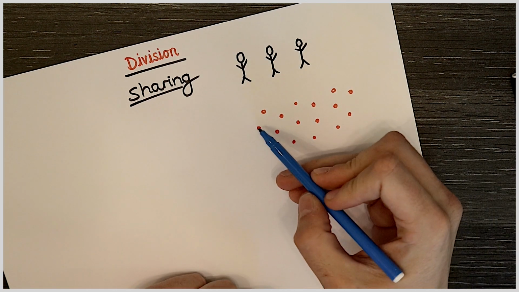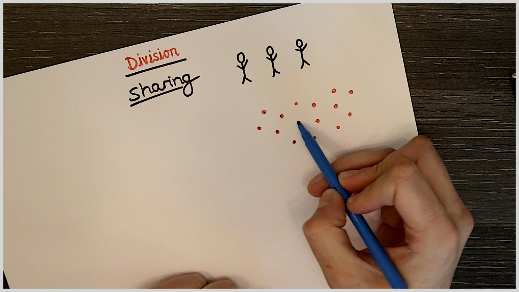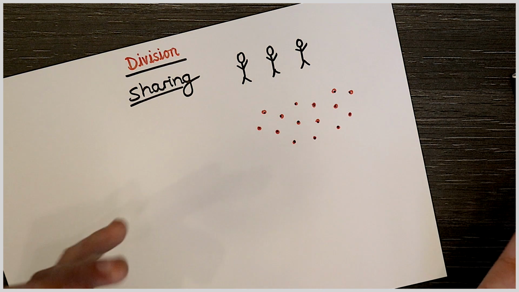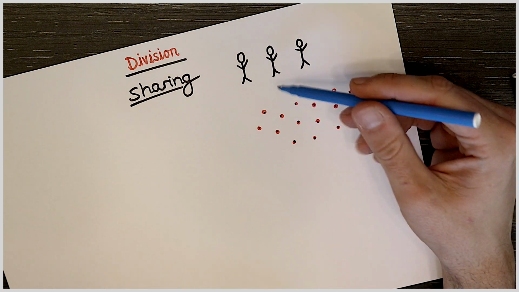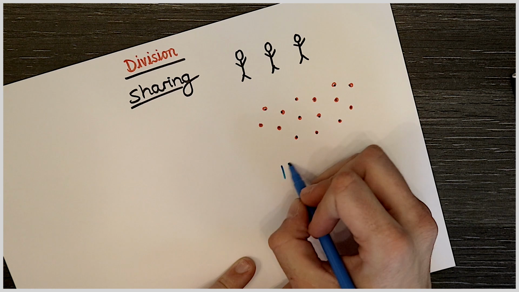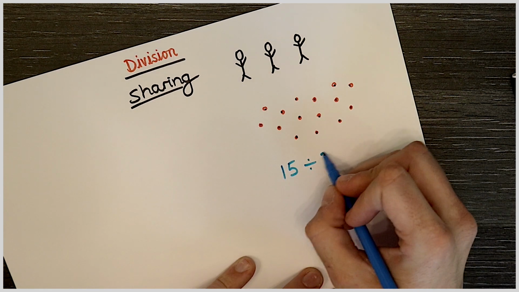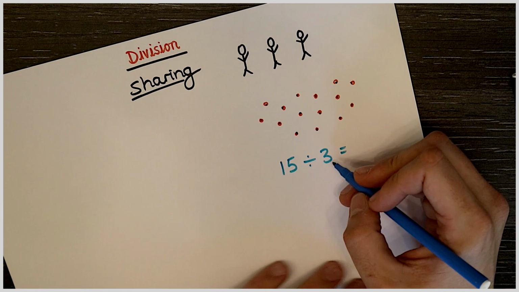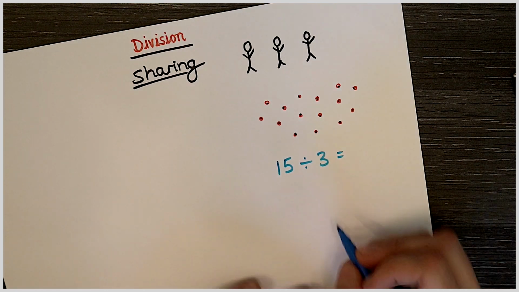So we've got 1, 2, 3, 4, 5, 6, 7, 8, 9, 10, 11, 12, 13, 14, 15. Perfect. I know that to share these between 3 people, they're each going to get something. So the question would be 15 divided by 3. Now, if you know your 3 times table, you've already got the answer, okay?